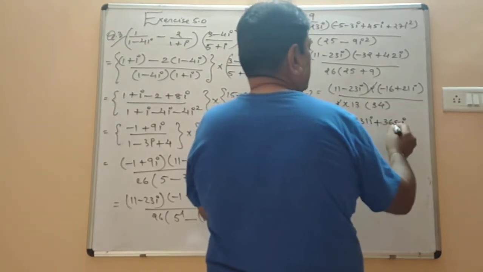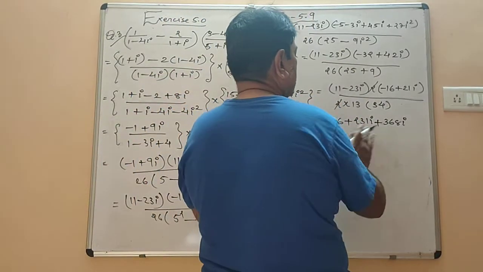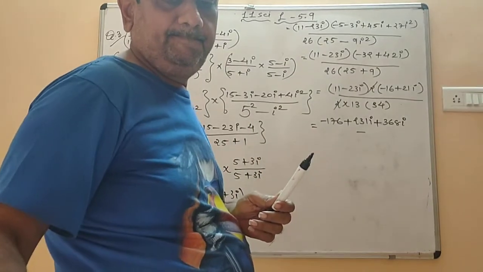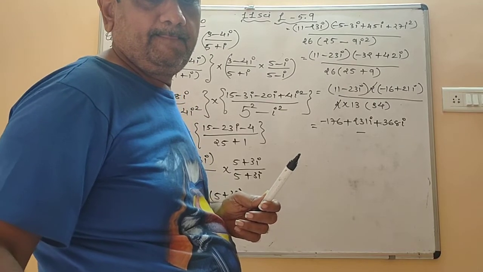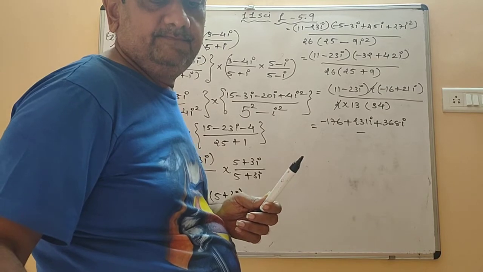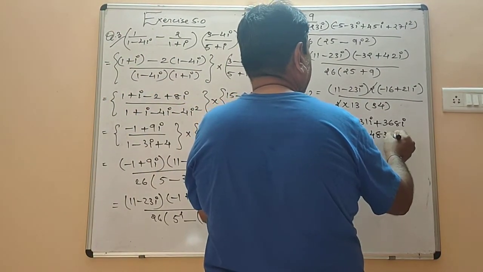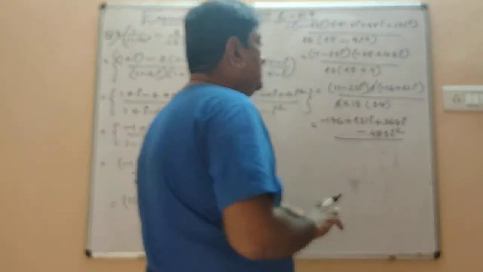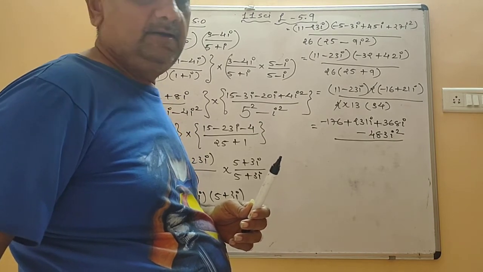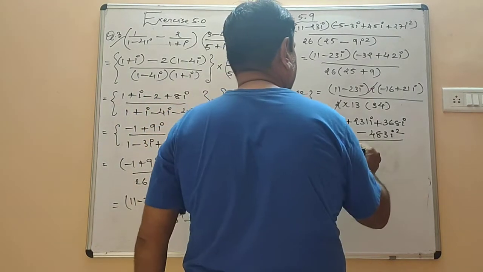और ये माइनस माइनस प्लस एंड प्लस और it is minus 23 into 21 483. And what about 13 into 34, this 442.